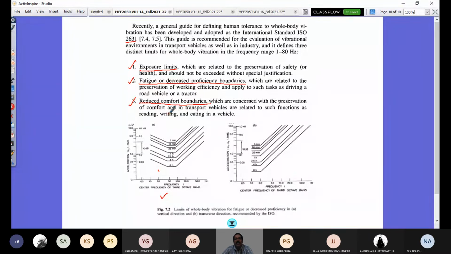This is how you have to understand these standards. As we measure vehicle ride accelerations perceived by humans, they should fall below this. In fact, they should fall below the scale 10 dB down for the reduced comfort boundaries. Then it would be very good, which is what most autonomous vehicles are focusing on now.